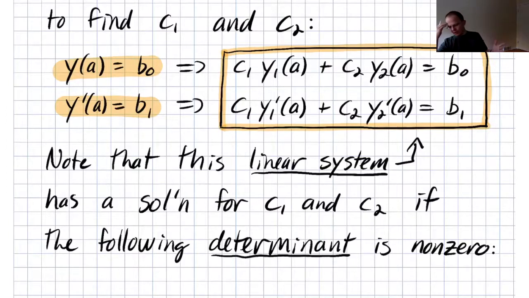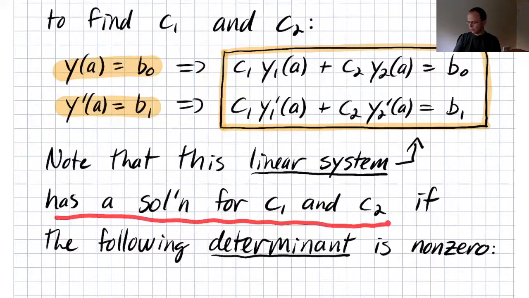And from the second example, we saw that the key to determining if we're guaranteed to have a solution to this system is looking at the determinant of the coefficient matrix. So this linear system has a solution for C1 and C2 if the following determinant is non-zero.